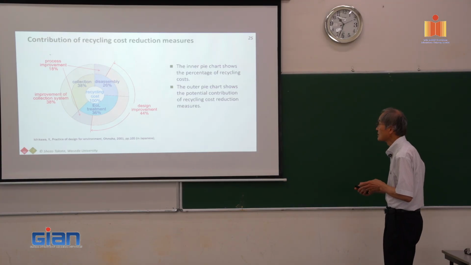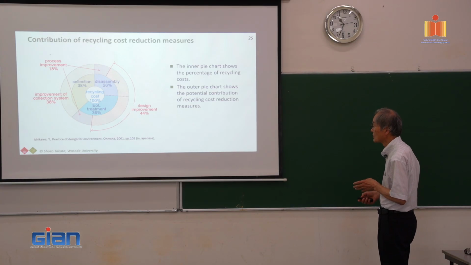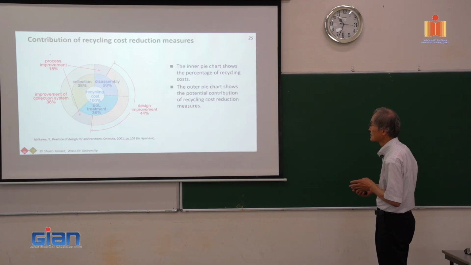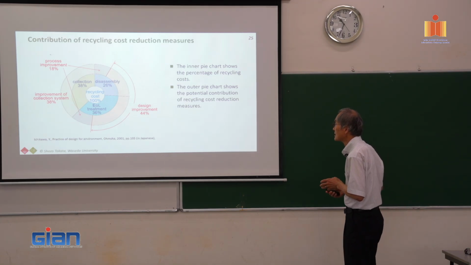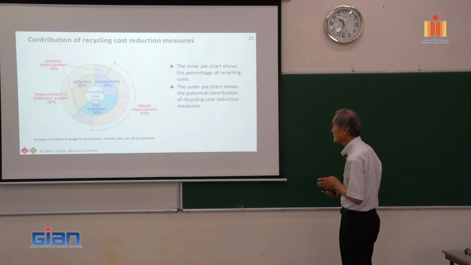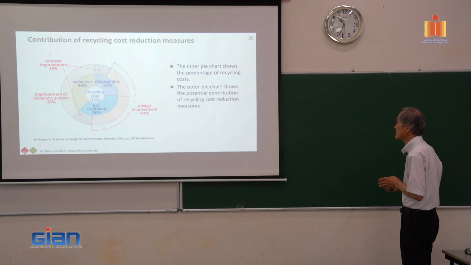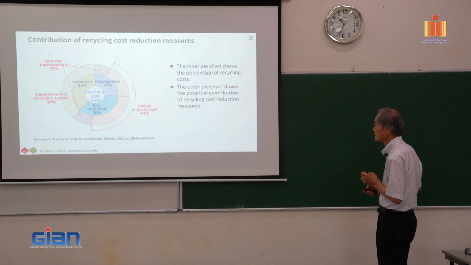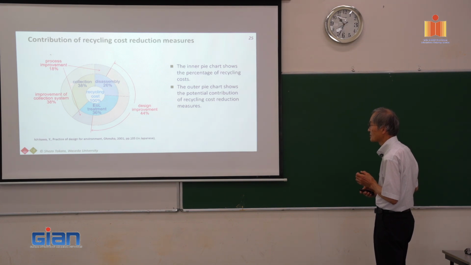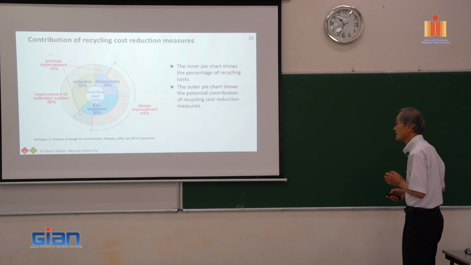And this chart, the data is a bit old, but this chart shows the contribution of recycling cost reduction measures. So the inner circle shows the percentage of the recycling cost. So disassembly 26%, end of life treatments 36%, collection 38%, and so on.